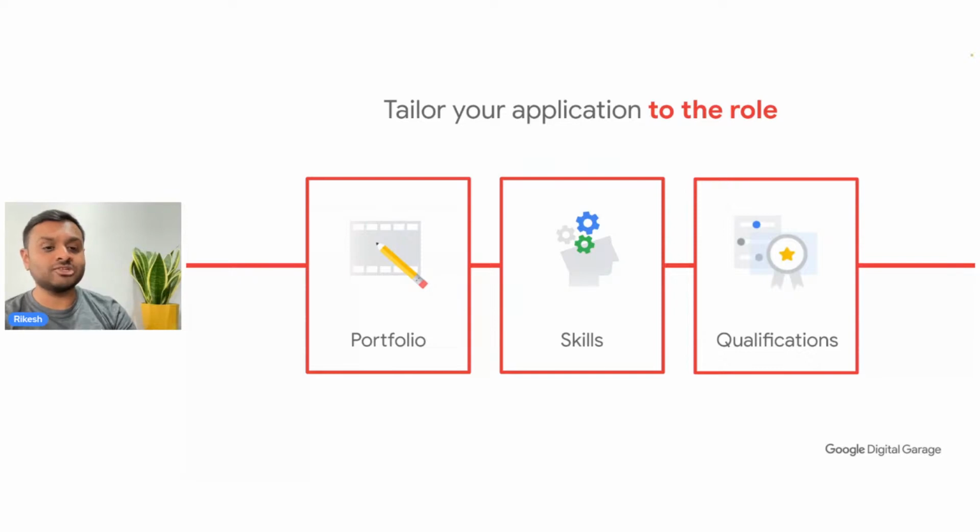Especially with creative industries, they'll typically ask for this information. So it's important to get that preparation done on your end as well. And also then highlight certain skills and qualifications that you feel are relevant to that specific job role that you are applying for as well.